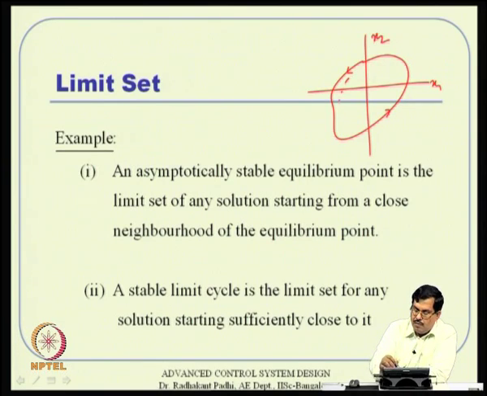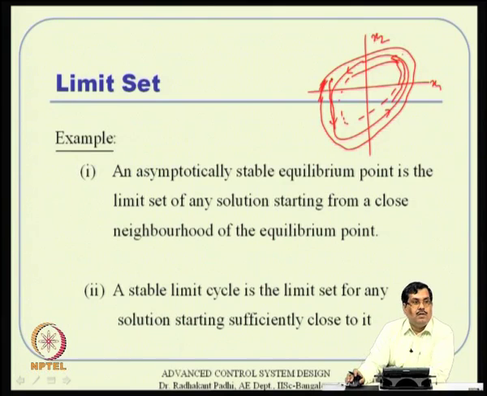So, if I have some domain around that limit cycle, and in that domain I start with some initial condition, then ultimately my solution converges to that. That concept is called the stability of the limit cycle actually. In some neighborhood of the limit cycle, my solution will converge to that limit cycle. So, if that happens, that means a stable limit cycle is also a limit set actually.